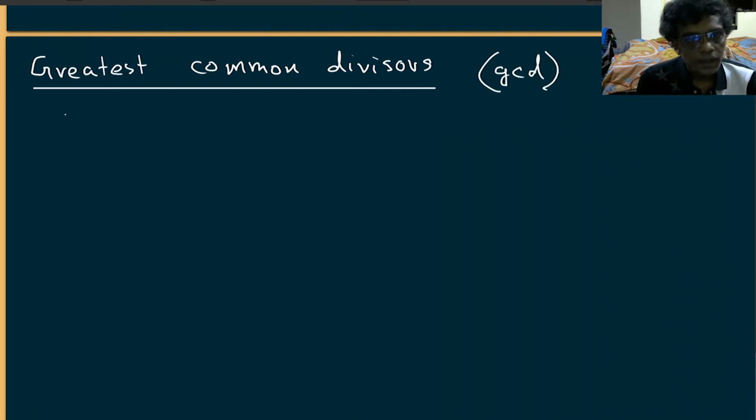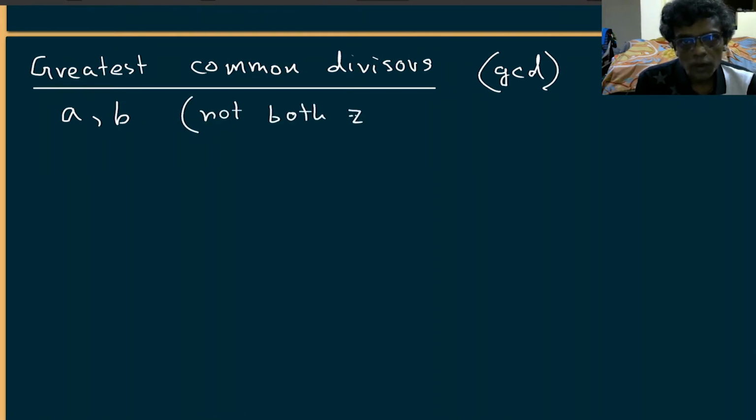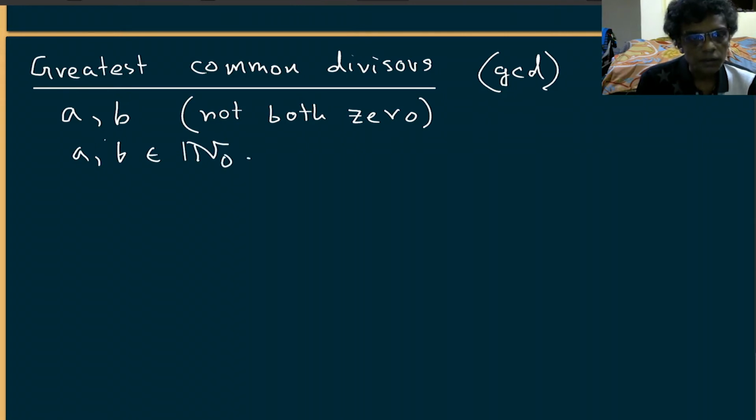Suppose that I am given two integers a and b, not both 0. One of them is allowed to be 0. Let us say they are in N0, but one may be 0, the other one is non-zero.